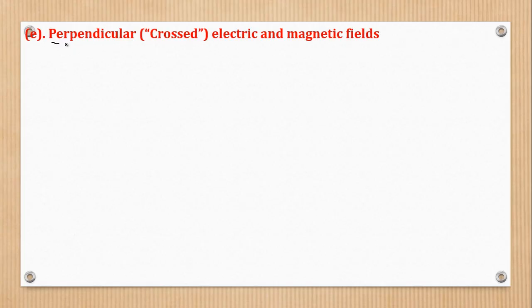And we also have what we call crossed electric and magnetic field. So we have been dealing with them independently. We have first dealt with magnetic field alone, then electric field alone. But what if they are crossed together?